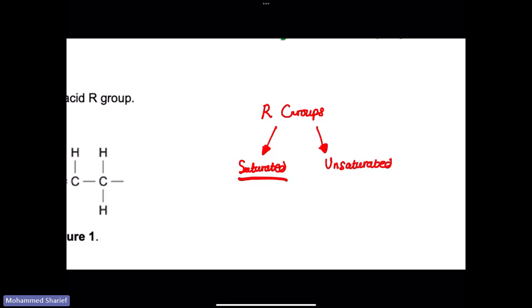Those are the two types of R groups, saturated or unsaturated. Now which one's going to have the double bond? Well, saturated is normal. Because it's normal, it's just going to have single bonds. Unsaturated is not going to be normal, so it must have a double bond somewhere, at least one of them.